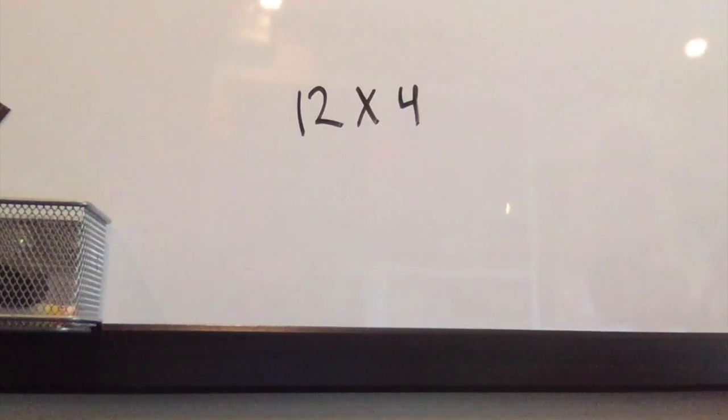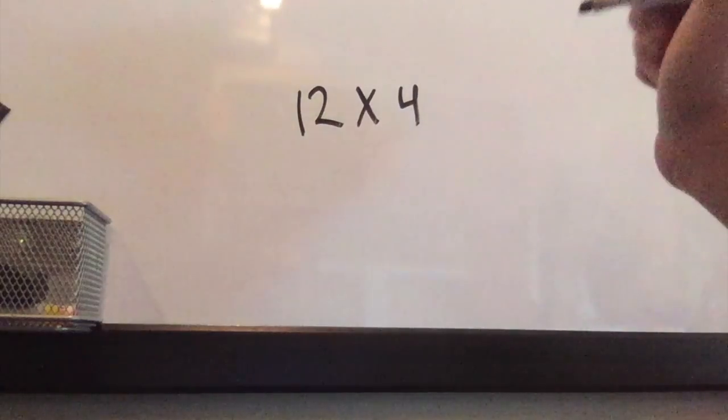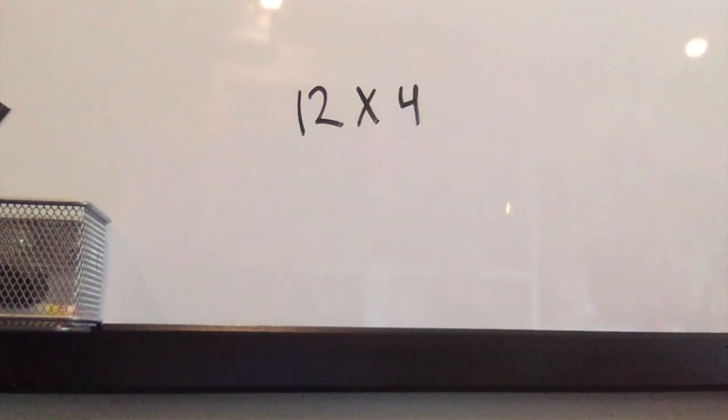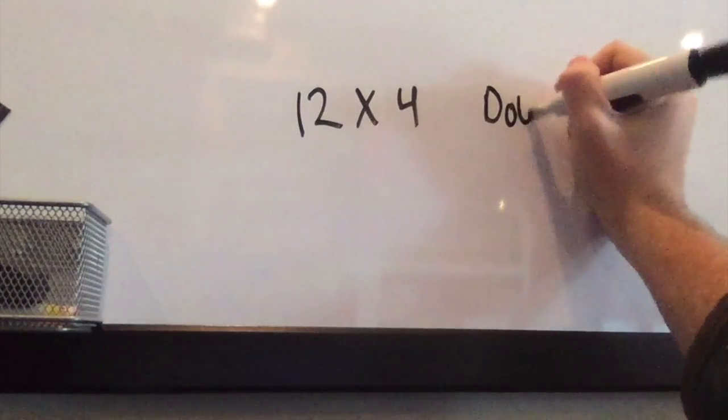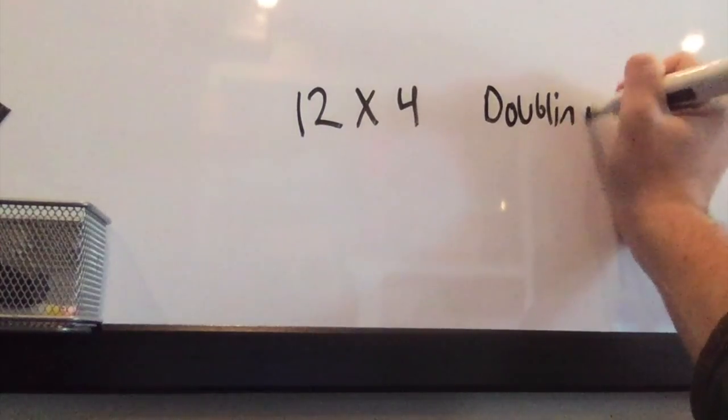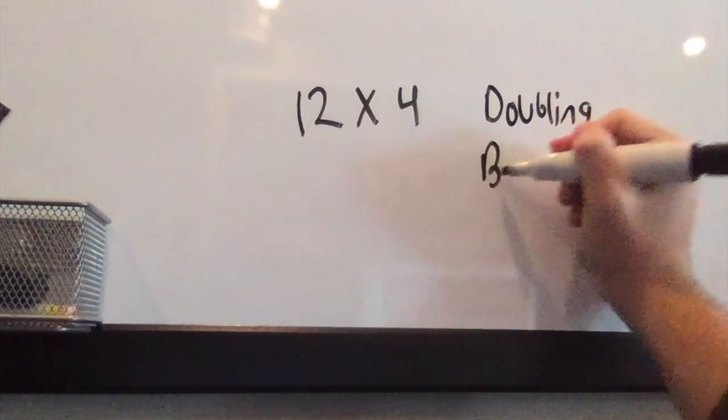I have no idea. How could I solve this? Well, remember how I mentioned Debo before, right? Our two ways that we used area to try to solve were the doubling and the break apart.